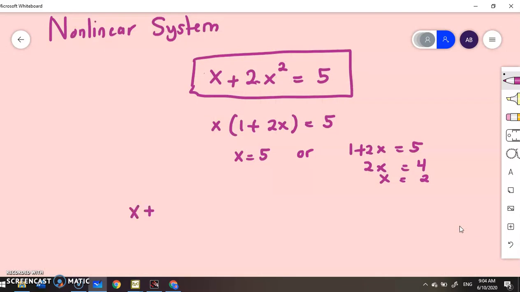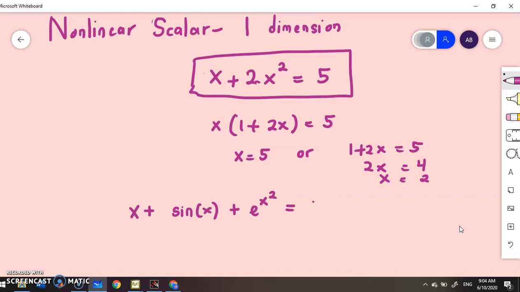But what if I have a nonlinear system such as this? Let's look at scalar first, but this is not a system. This is one dimension, so this is scalar. Let's have it like this: x plus sine x plus exponent x squared equals 5.